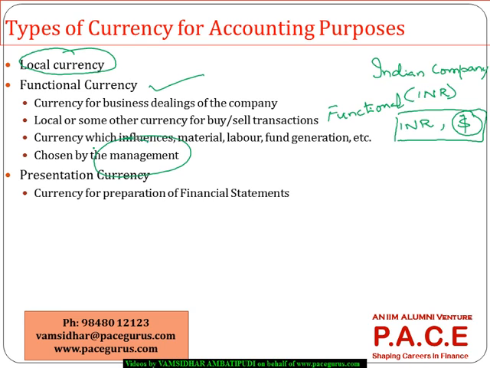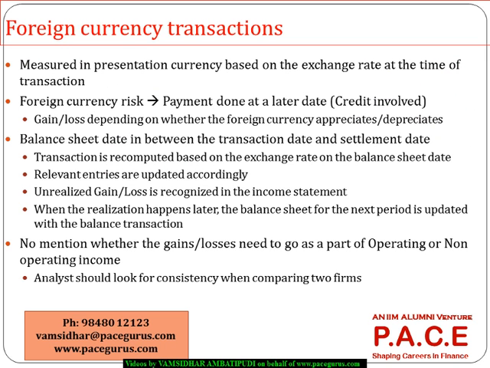All these are the different kinds of currencies we talk about, and we'll use them when we are thinking of restating the financial statements from one currency to the other.